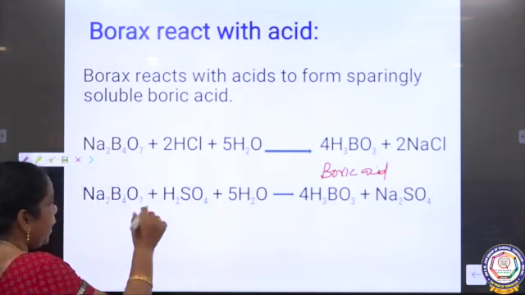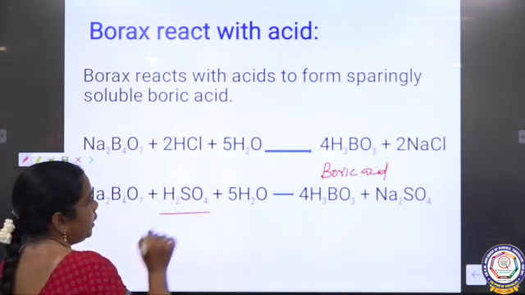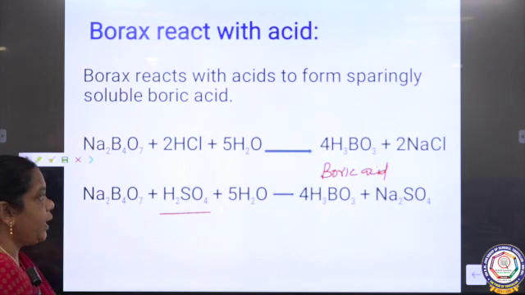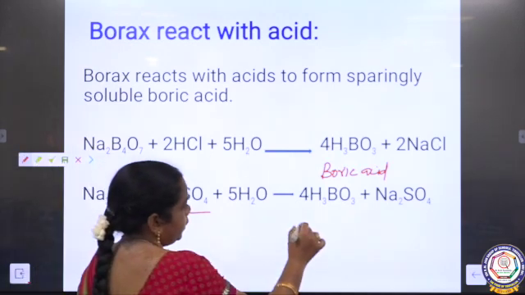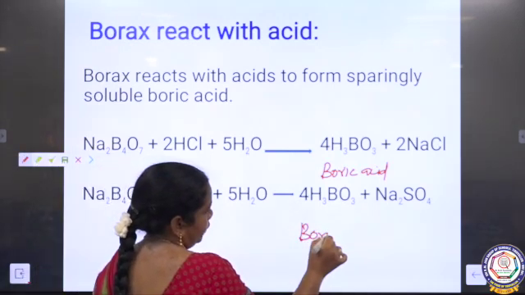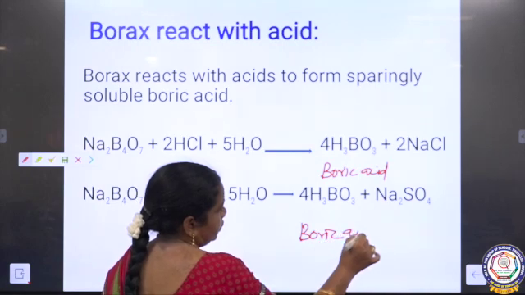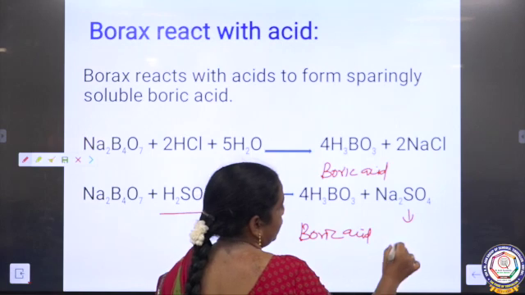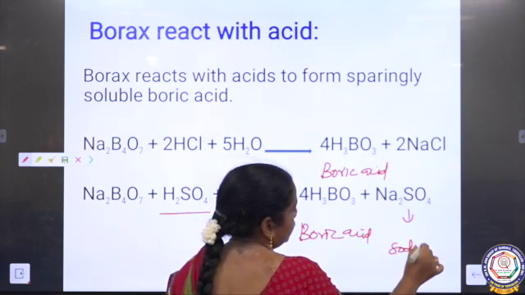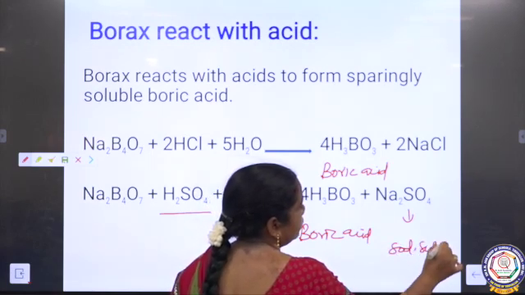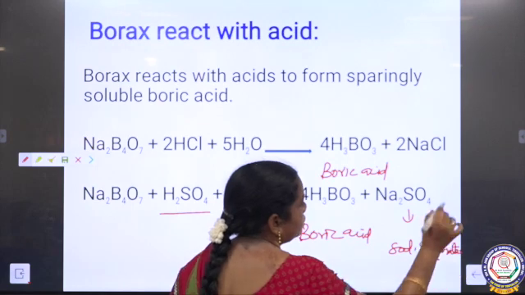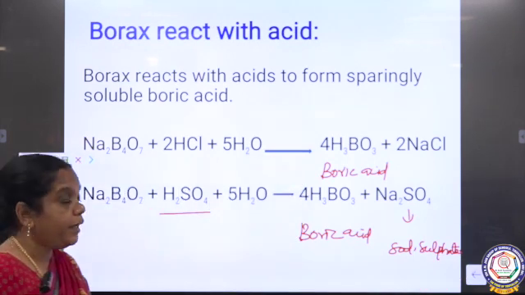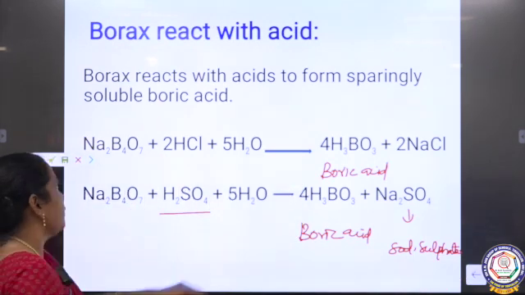Then it reacts with another mineral acid, sulfuric acid, and again the product is boric acid, along with sodium sulfate. These are the reactions with acid.